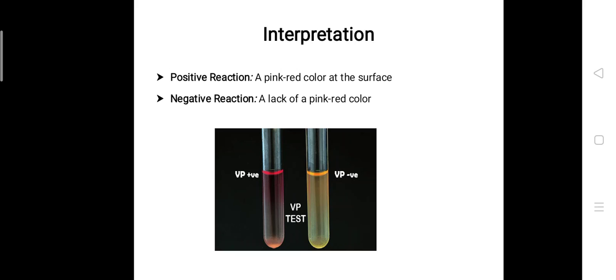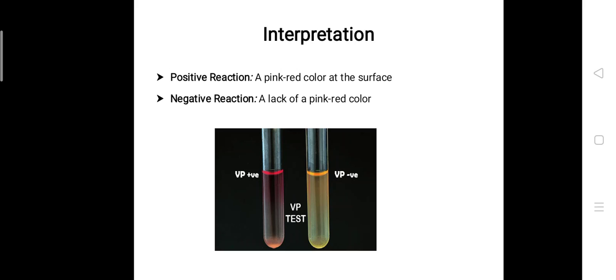Whereas in the negative reaction, the medium remains unchanged, the color remains unchanged. See here in VP negative, the broth is still yellow in color, whereas in the positive it has already turned into a pink color. This is because the bacteria has converted the substrate into acetoin. So when your medium does not change color, this means the bacteria has not converted it to acetoin, and therefore your broth remains colorless or yellow in color.